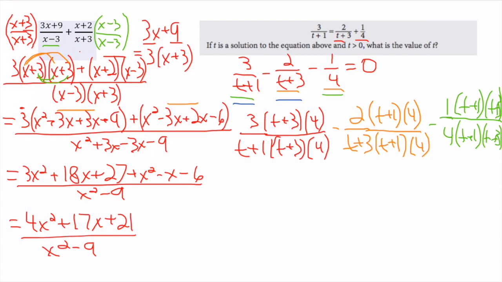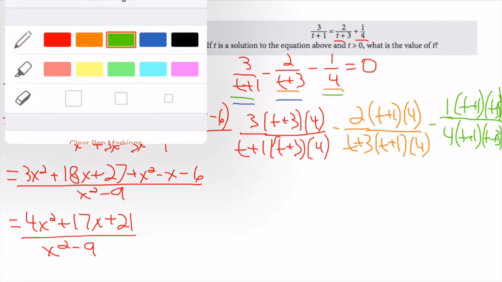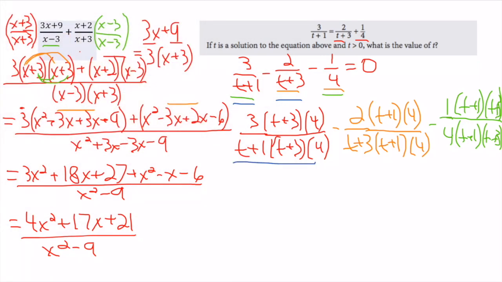If we look at what we did, notice that now all the denominators here are the same. They're in a different order, but they have the same terms in there. Now I'll simplify the top part. My first part, I have 12 times t plus 3.